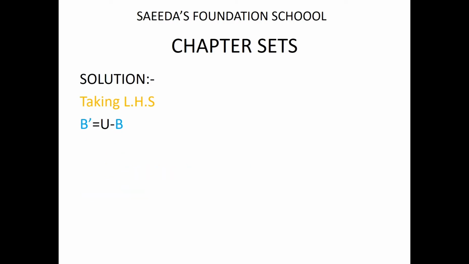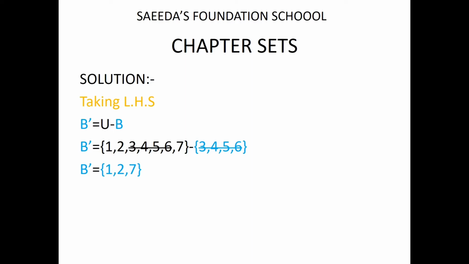Now let's calculate B complement, U minus B. B complement is equal to 1 till 7 minus 3, 4, 5, 6. Over here also we are going to cancel out 3, 4, 5, 6, which are the elements of set B. And the leftover elements will be our answer, 1, 2, 7.